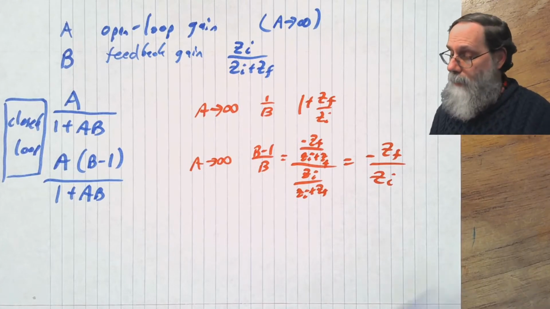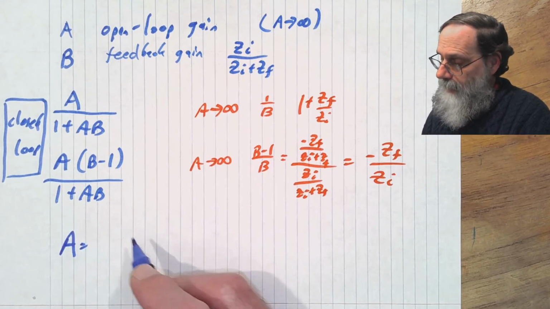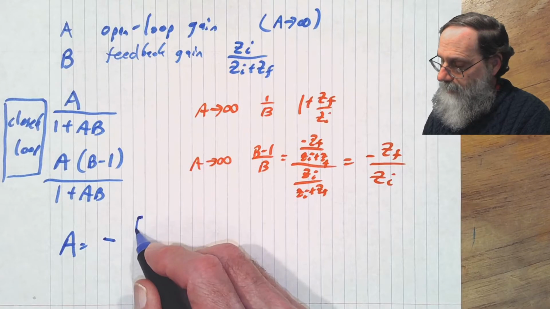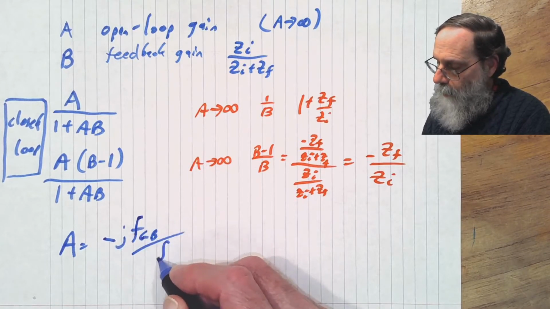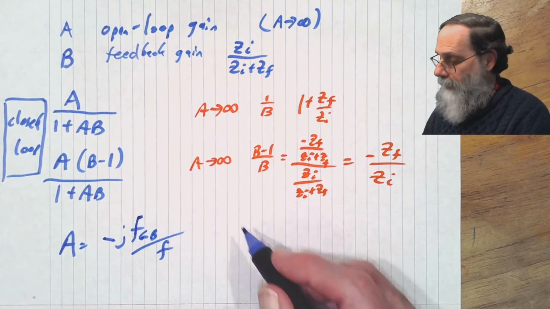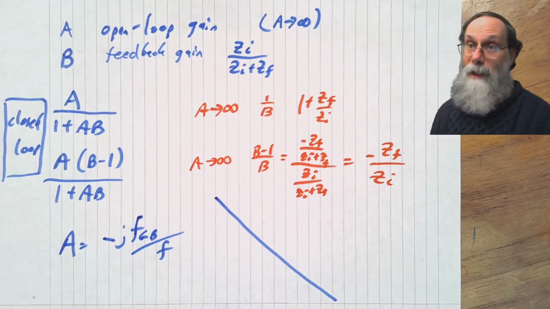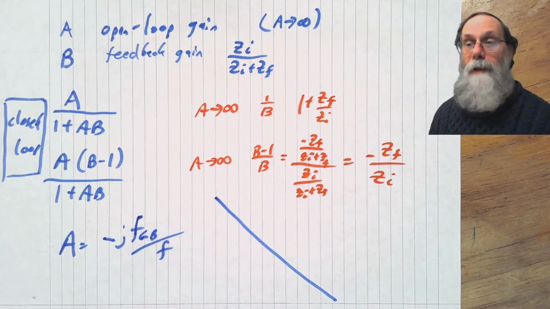In fact, they're usually carefully designed so that the gain is minus J times a constant over frequency. So on a Bode plot, on a log-log plot, it's a straight line going down 1 decade per decade. And this constant here is the thing that's called the gain bandwidth product.